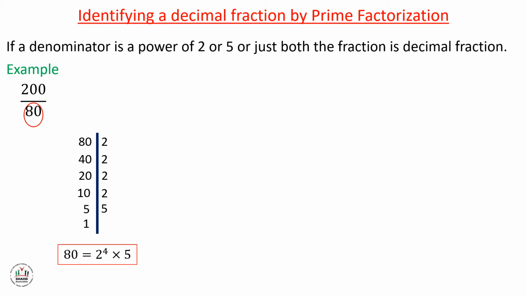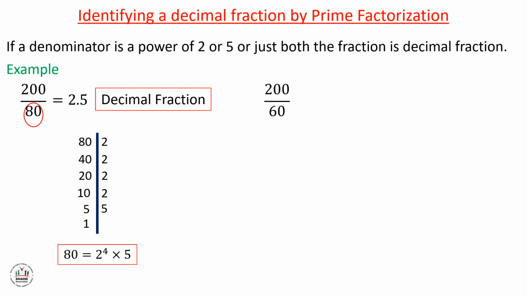So 80 can be written in the form of powers of 2 and 5. So we can consider 200 over 80 as a decimal fraction. And you can use your calculator to get the exact answer for this fraction, which is equal to 2.5.